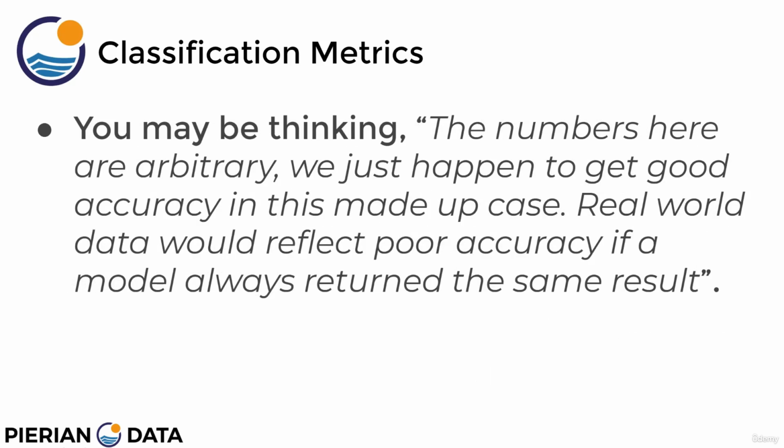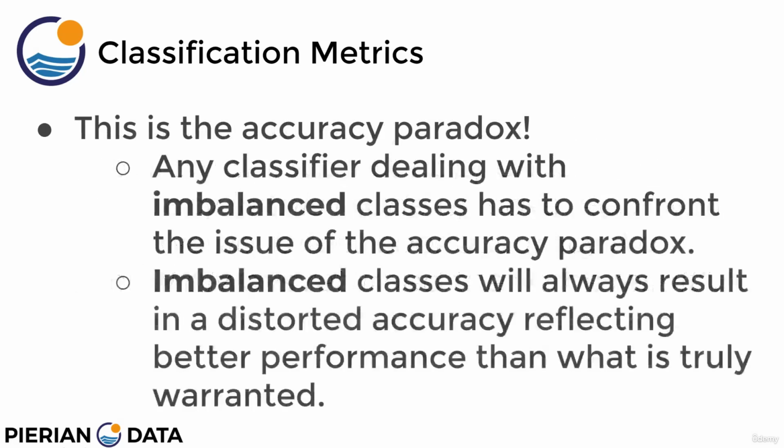Now you may be thinking, in the example we just showed, the numbers were completely made up and arbitrary. We just happened to get a good accuracy in this made up case for a ridiculous model that always reports back healthy, and real world data would actually reflect poor accuracy. However, this is not the case, and imbalanced classes are actually much more prevalent in the real world than one would think, and that's why we have this accuracy paradox.